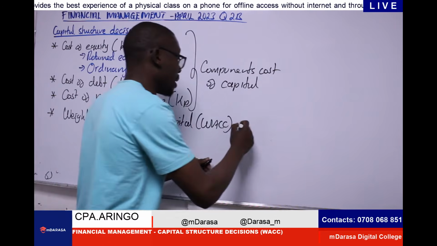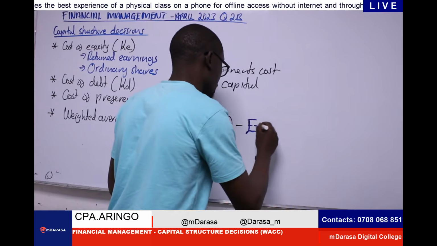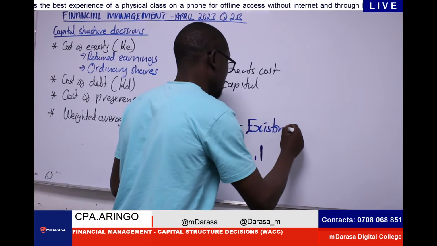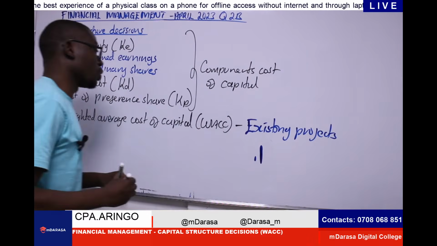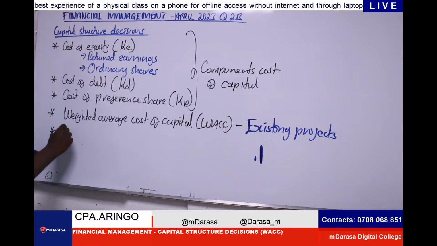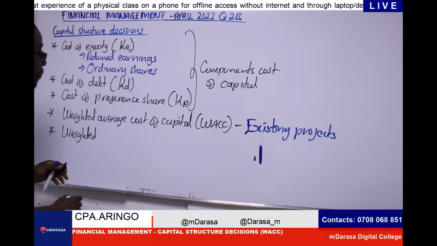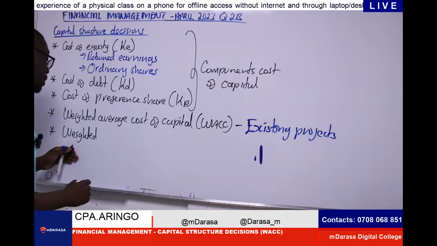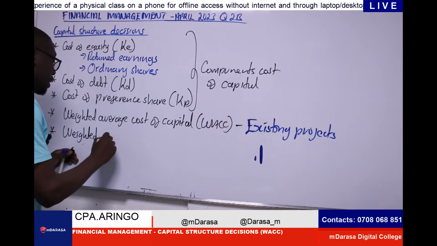So this is all about financing existing projects. You see, this is all about financing existing projects. This is very important to note. Then we'll also be talking about key concepts that we normally refer to as the weighted marginal cost of capital, WMCC.